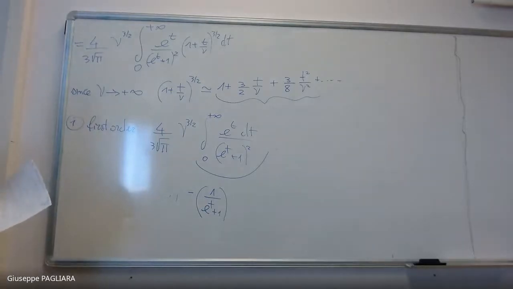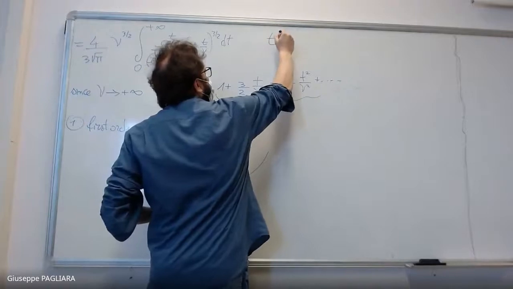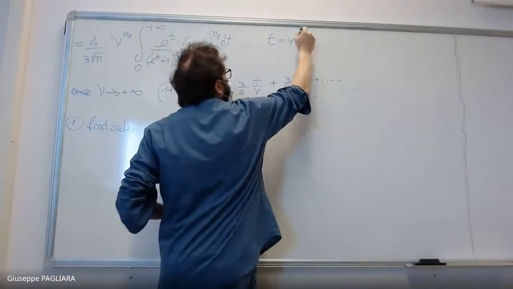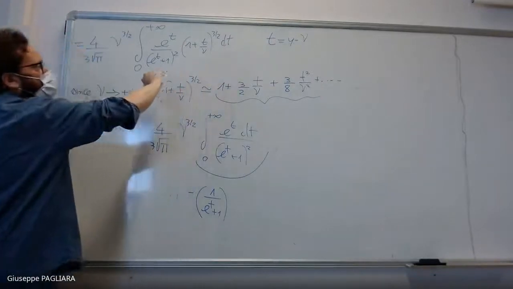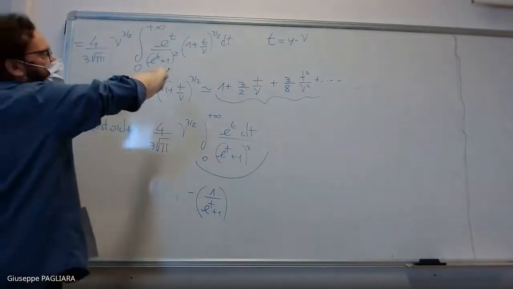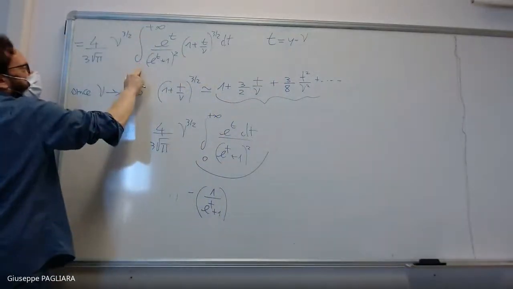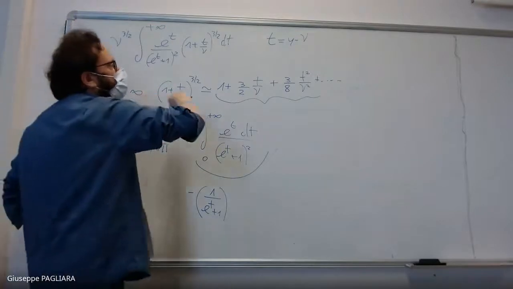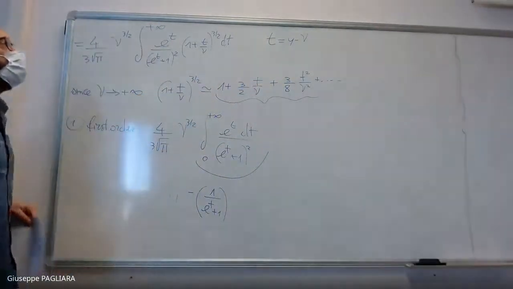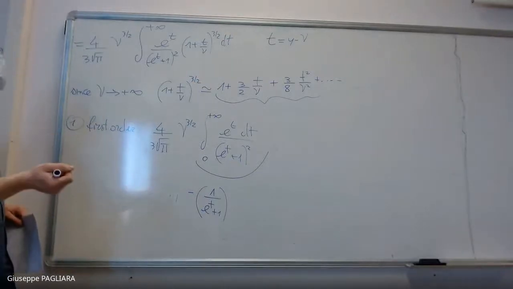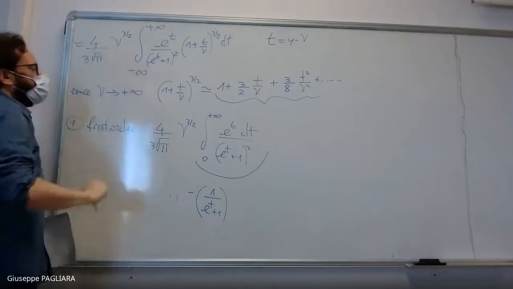Here I think I've made a mistake before. Sorry, because I have introduced that t was y minus mu, so I need to correct this. If y goes to infinity, then t goes to plus infinity, but when y is equal to 0, t goes like minus mu, but mu is infinity, and so therefore minus infinity.